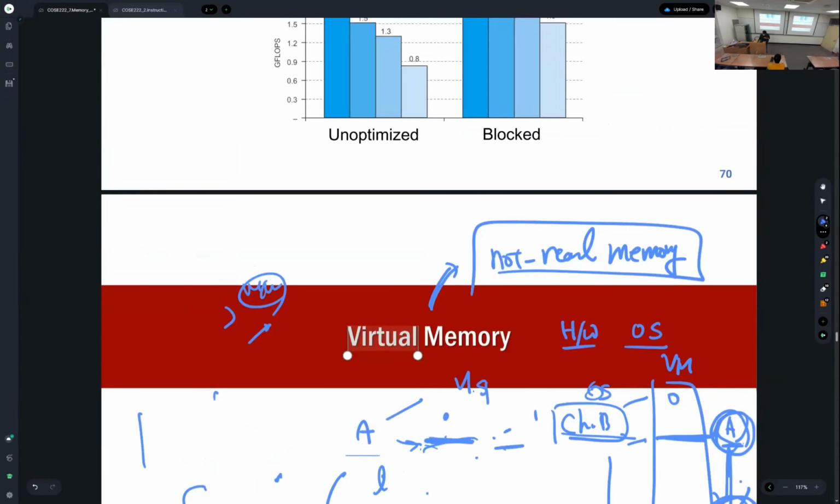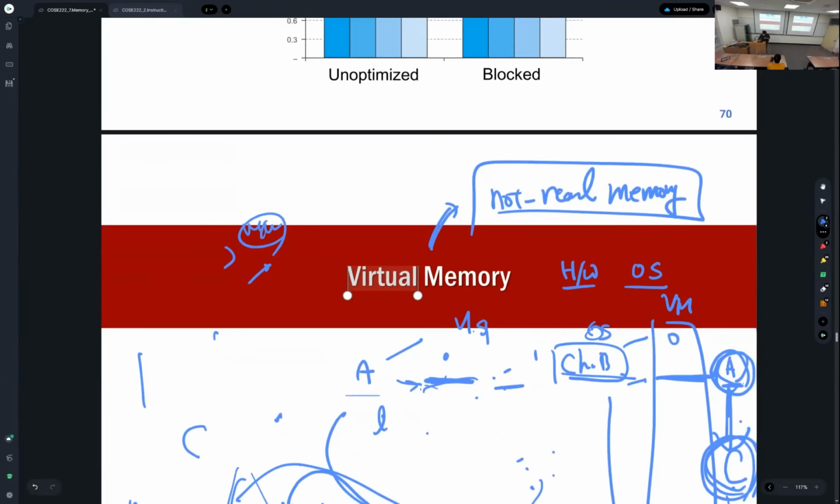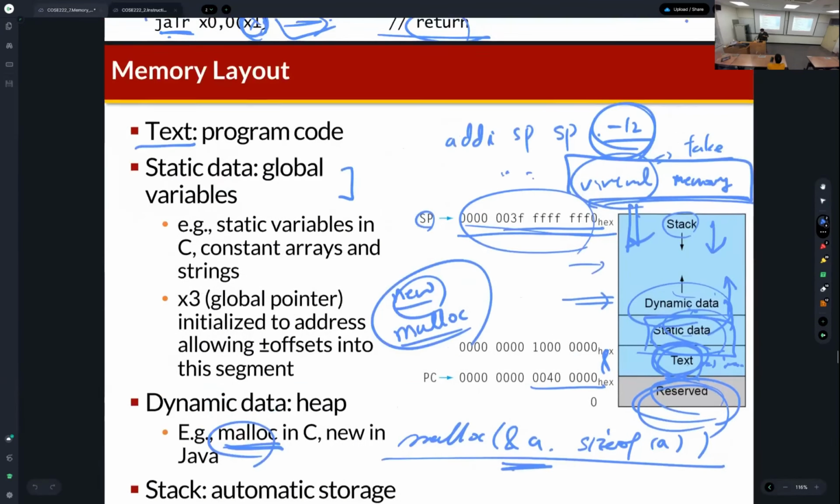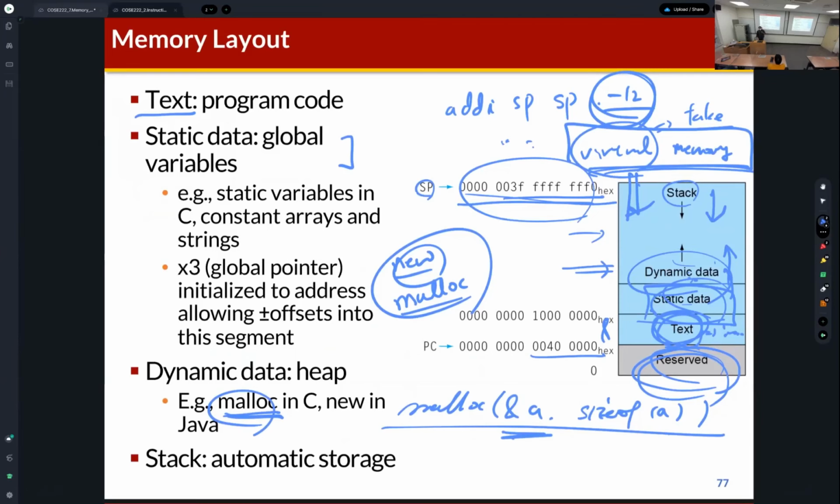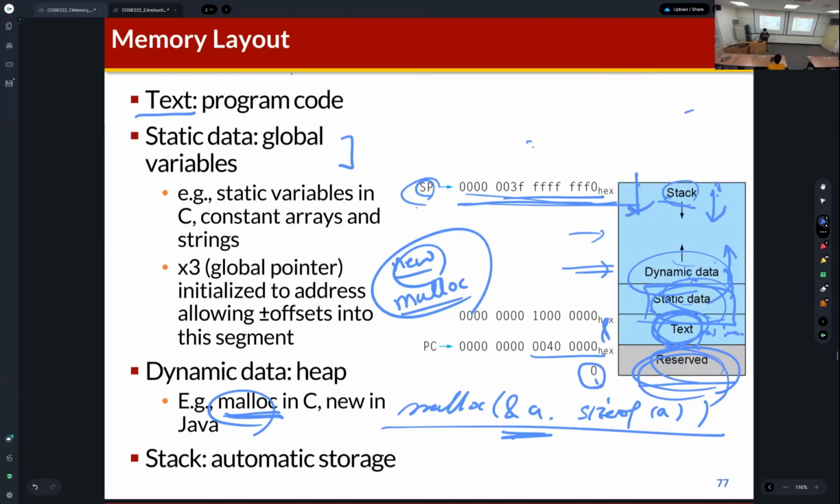Until now we were in chapter 2. This is the memory layout we learned in chapter 2. In this layout, we learned that the memory space starts from memory address 0, and the stack starts from the last memory space using the stack pointer. But I said this is also virtual memory in chapter 2.